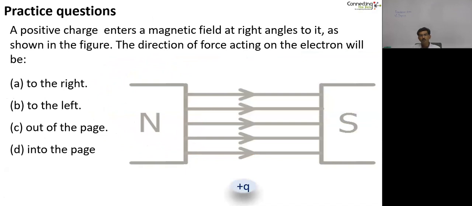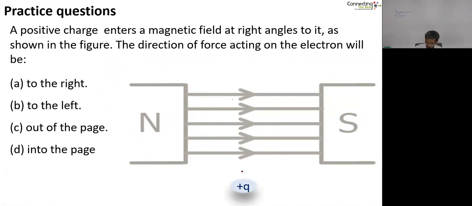So let us do a few practice questions. Carefully read the situations that are described here, and let's see what happens. A positive charge enters a magnetic field at right angles to it. So what it means is the magnetic field is in that direction from the north to south pole, right?